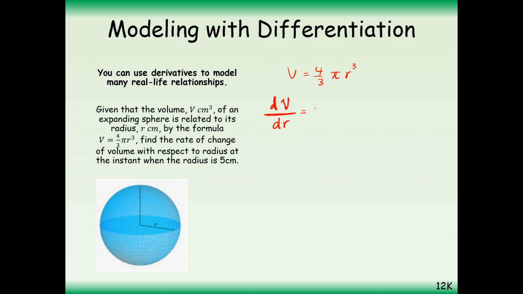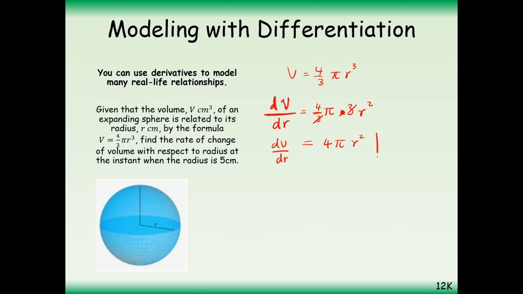So the 4/3 and pi come along for the ride, because they're just constants. When we differentiate, we multiply by the 3, and that 3 and the 3 cancel away, so finally we have 4 pi r squared. So the rate of change of V with respect to r is this here.